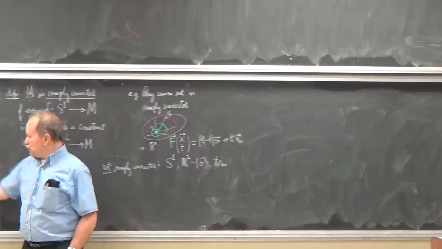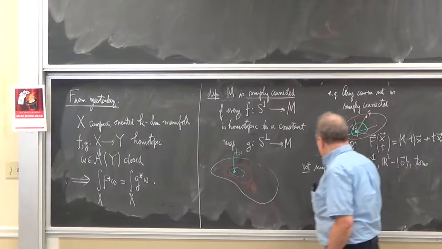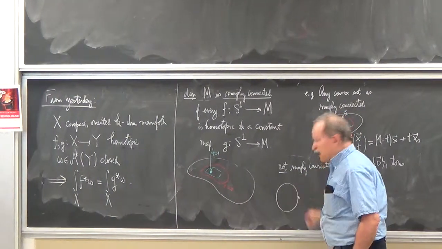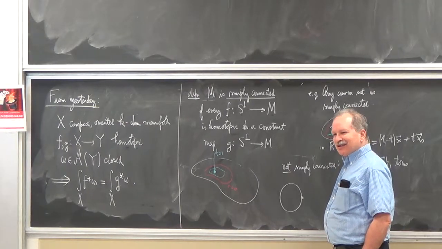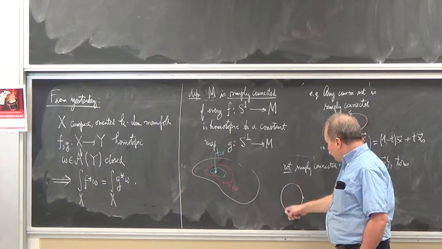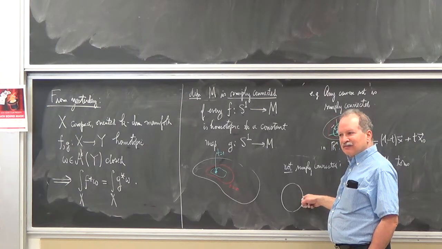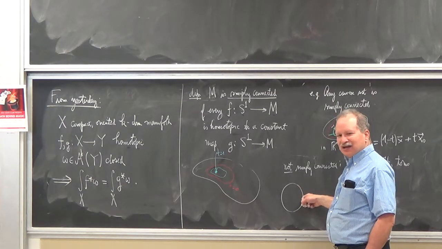Because I can prove it to you immediately with this. If going around once around the circle were homotopic to just sitting at a point, integrating our famous 1-form would be equal to integrating 0, because sitting at a point, the integral is 0.